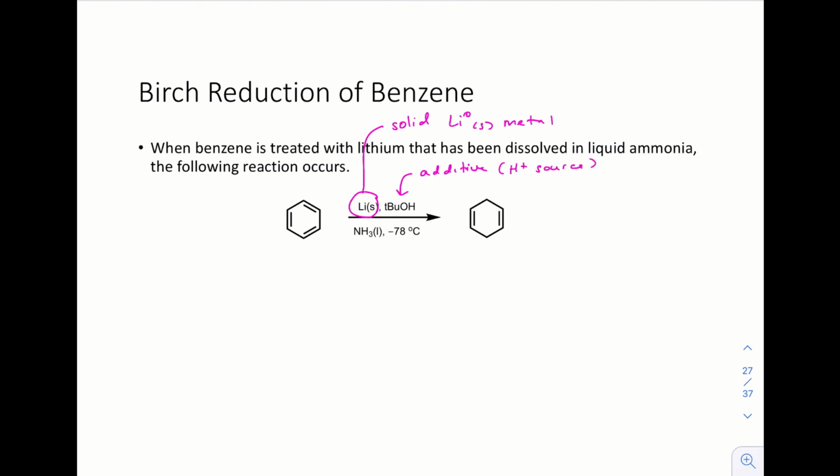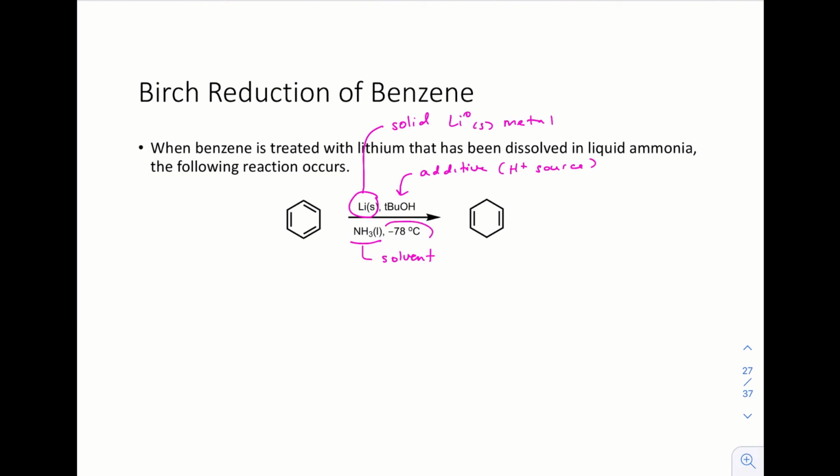We saw in the dissolving metal reduction of alkynes that the liquid ammonia served as a proton source. That is not the case. The T-butanol additive is necessary. But the liquid ammonia is the solvent here, and obviously this is occurring at low temperatures. Otherwise, ammonia would not be a liquid.